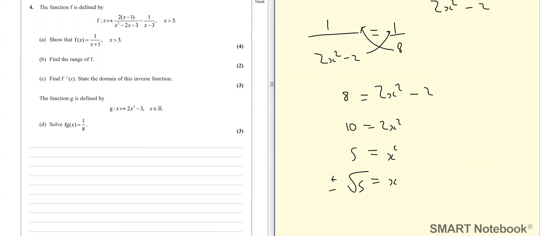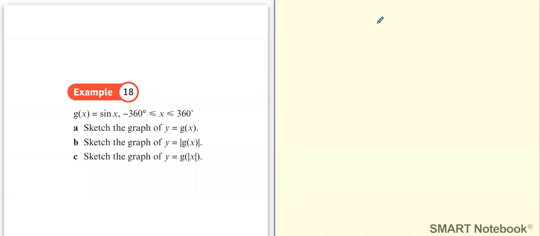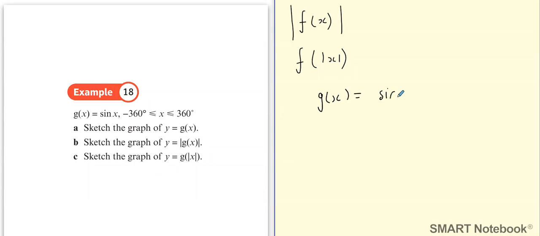Right, okay. So now we are going to look at this modulus function. We're going to look at the modulus of f of x or f modulus of x functions and how this looks like when transforming graphs. So here we have got g of x equals sine x.